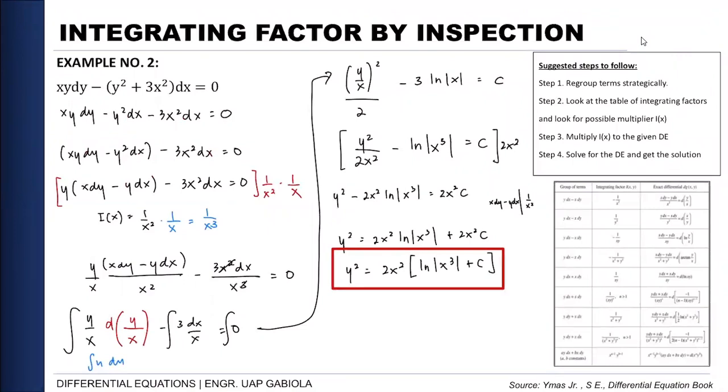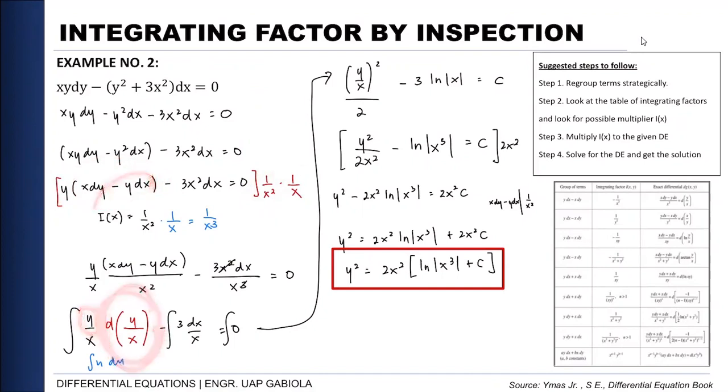Okay, again, we use a table to identify 1 over x squared as our integrating factor, but that is not enough para mailabas natin si exact differential. Ano? So, para mailabas yon, na-identify natin na ito yung exact differential natin, y over x. Eh, kanina, y lang siya.